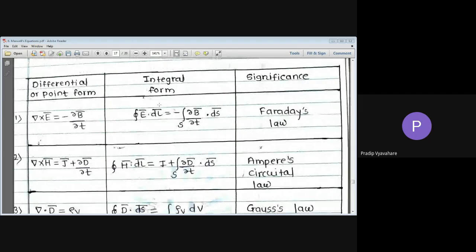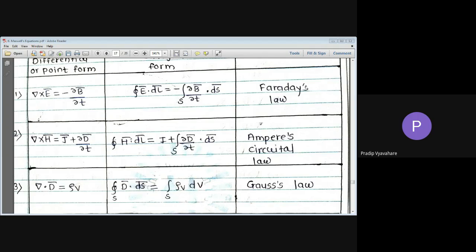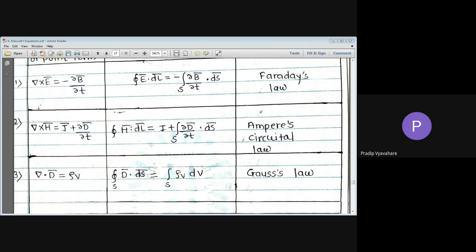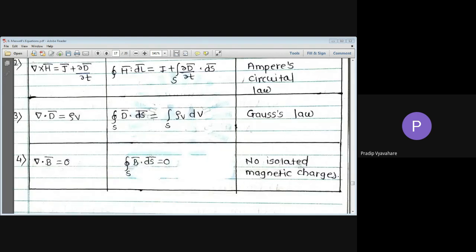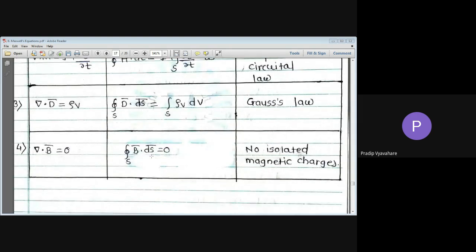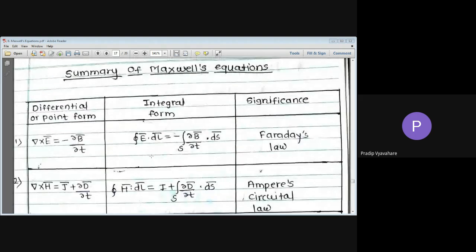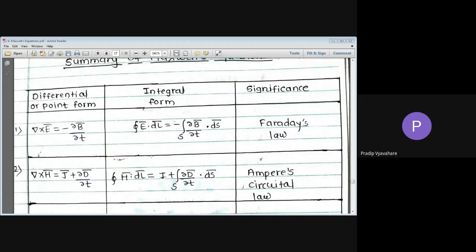This table must be known: first, Faraday's law, and in integral form we take the closed integral. Then Ampere's circuit law, del cross H bar. Then Gauss's law, and then non-isolated magnetic charges. These are the four equations, a total summary, and most important from the exam point of view.